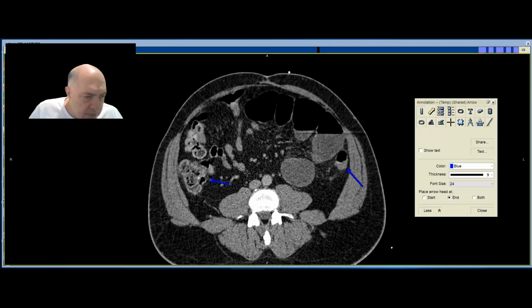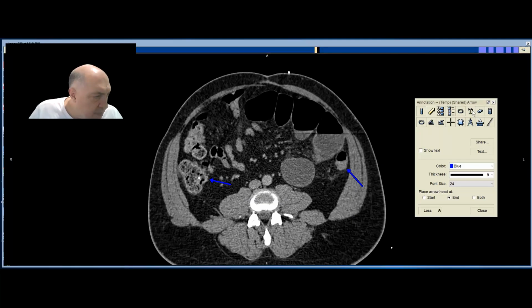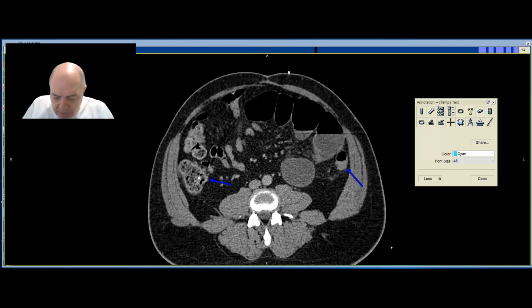That's colon, that's colon. So there's normal large bowel.